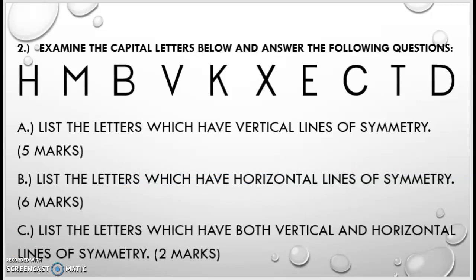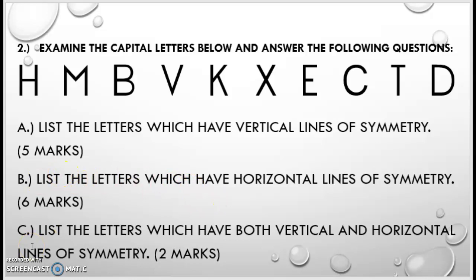Question 2. Examine the capital letters below and answer the following questions. Question A. List the letters which have vertical lines of symmetry. Vertical is up and down. And question B. List the letters which have horizontal lines of symmetry. Horizontal is left to right.